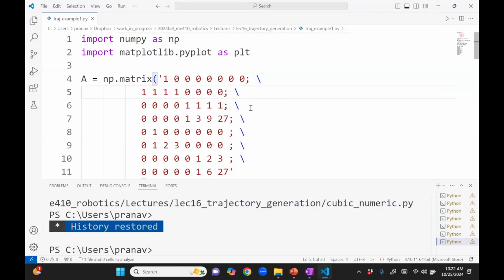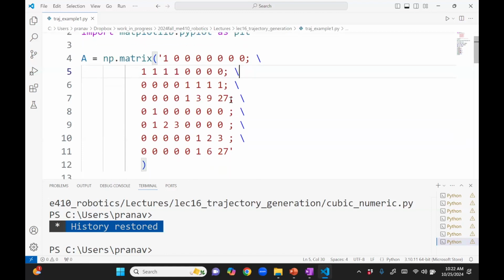Okay. So what I did here was I wrote down this A matrix. Now, it might look slightly different from the one I wrote down. For example, the one I wrote down in the notes will have zeros for the last four rows, first four columns, but they have been moved here.